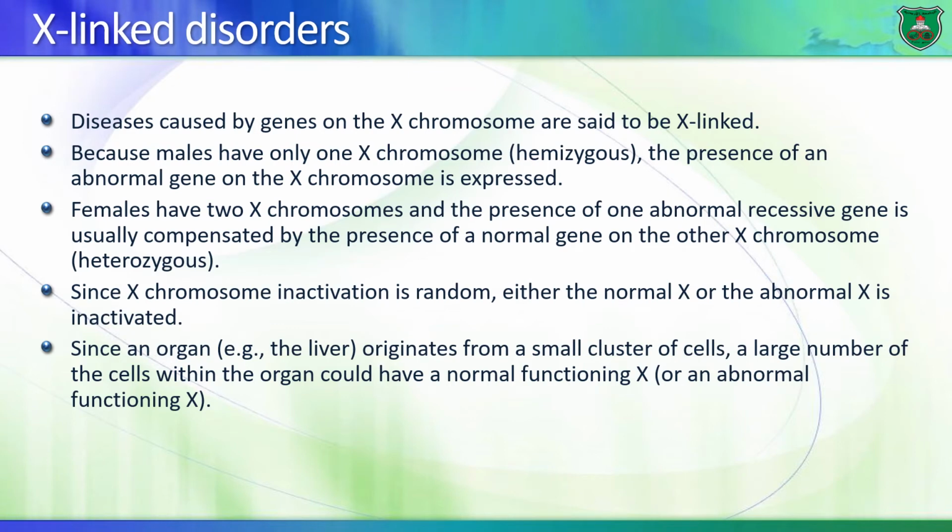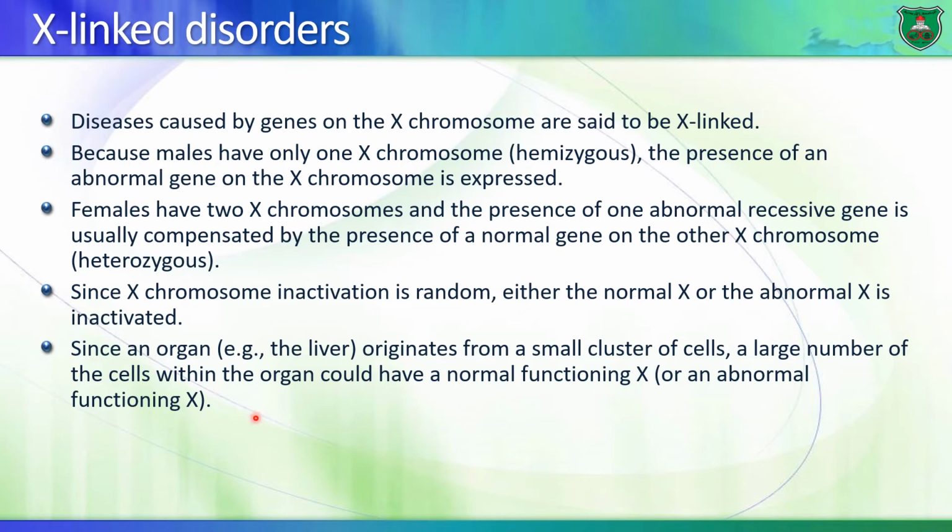So X-linked disorders, genes are located on the X chromosome. Since males have 1 X chromosome and we call them homozygous, the presence of an abnormal gene on the X chromosome would be dominant, by the way, even if it is recessive. Okay.